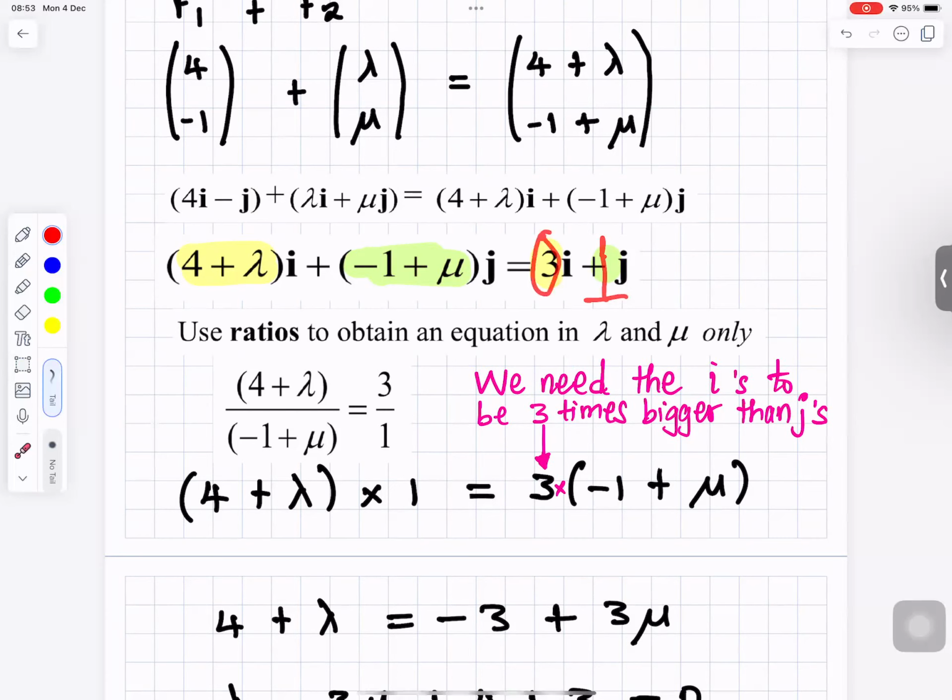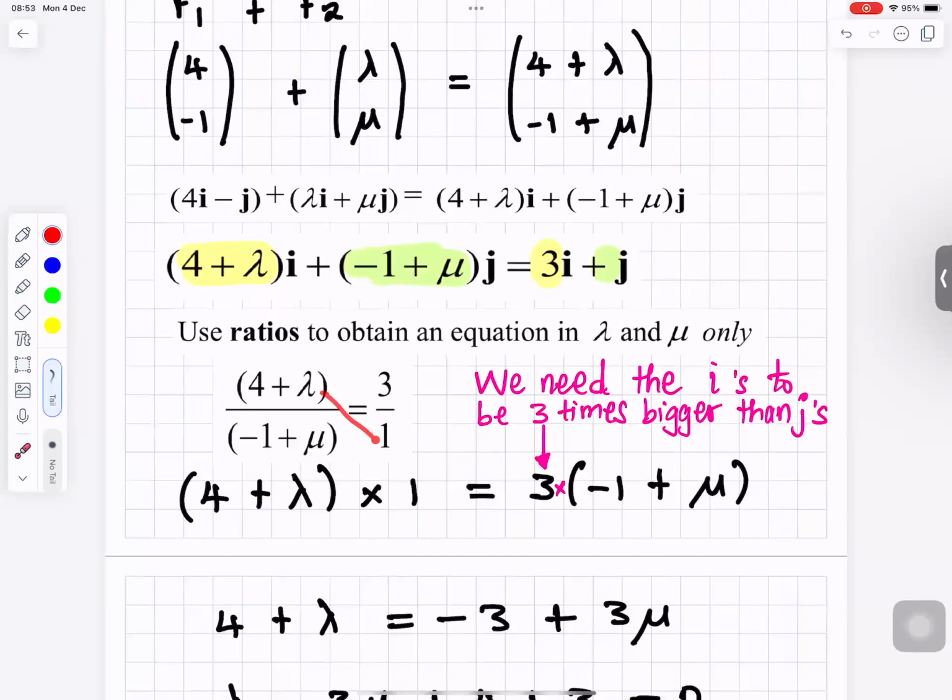So remember that idea: what's in front of i divided by what's in front of j should equal what's in front of i divided by what's in front of j.